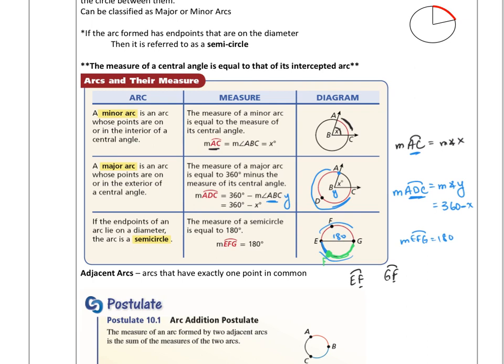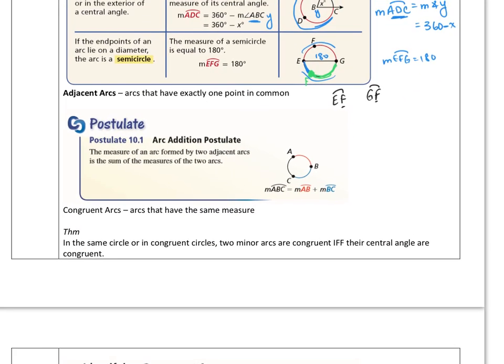So if I've got arc A to B to C, those two arcs that I'm looking at right there, I can go from arc AB, that measure, plus the measure of arc from B to C to get that full arc ABC. It's just like the segment addition postulate and the angle addition postulate that we've learned.